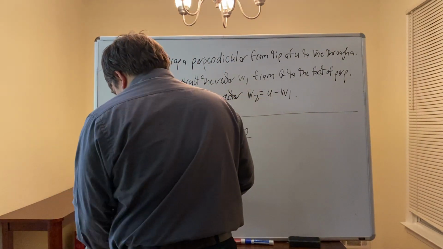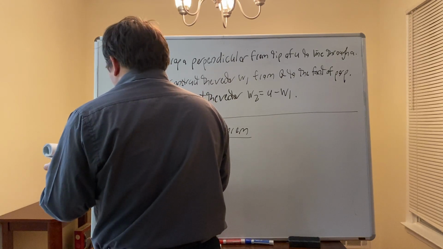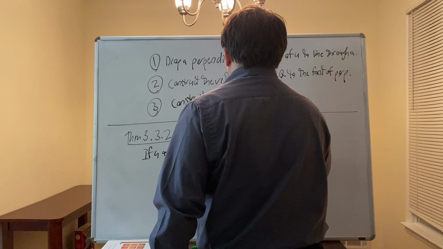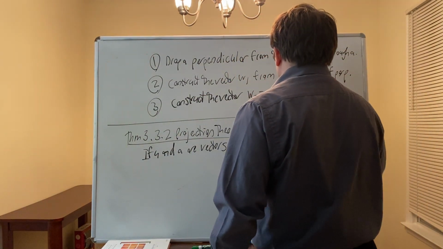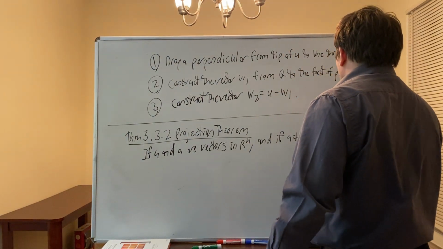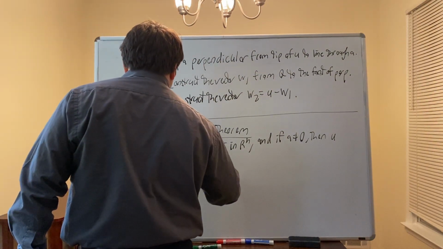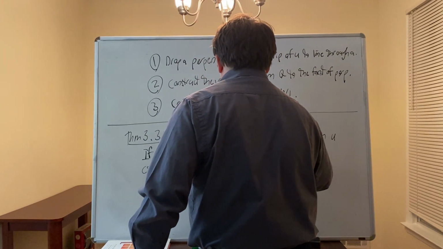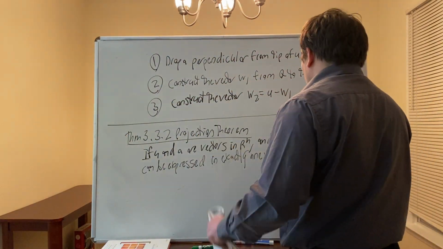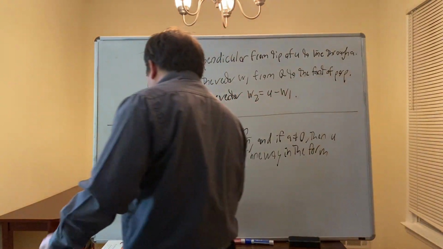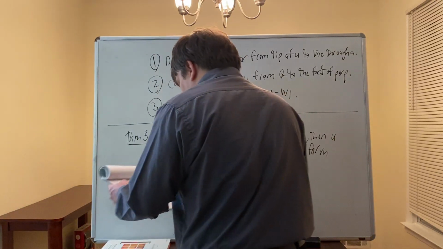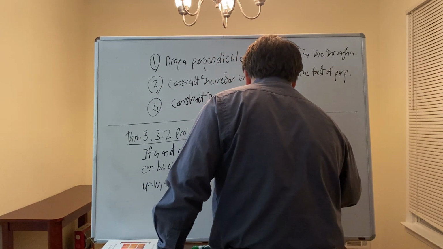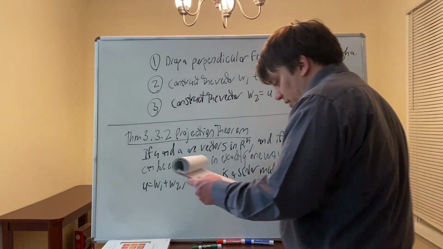If U and A are vectors in n-space, and if A does not equal 0, then U can be expressed in exactly one way in the form U equals W1 plus W2, where W1 is a scalar multiple of A, and W2 is orthogonal to A.